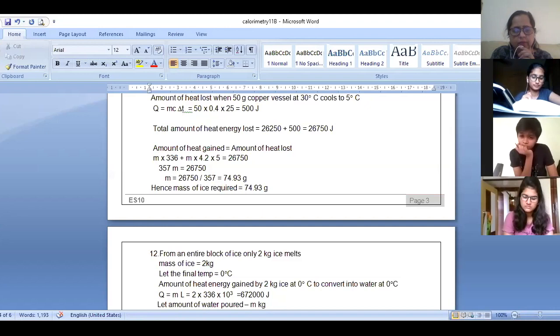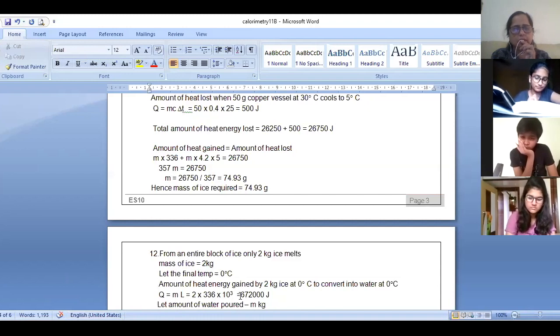So the first thing, amount of heat energy gained by ice. First it is going to convert to water. Go step by step. Ice is going to convert to water. So the first step is latent heat of fusion. Q equal to M into L. M is 2 and L is 336 into 10 raised to 3.